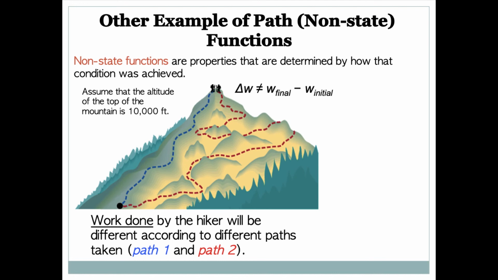You don't need to do as many measurements, and yet the number you get is still useful. And that's the power of state functions. That's kind of the idea of state functions, that when we can measure something without really knowing the details, that is really useful because it makes our life a lot easier.